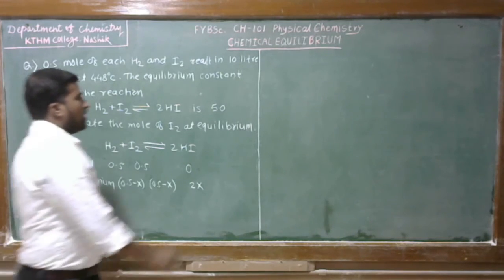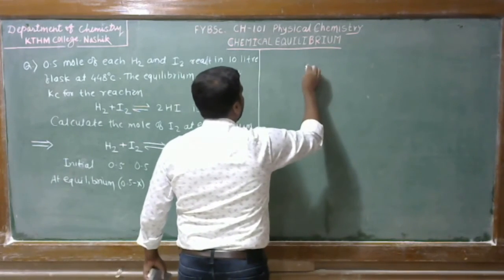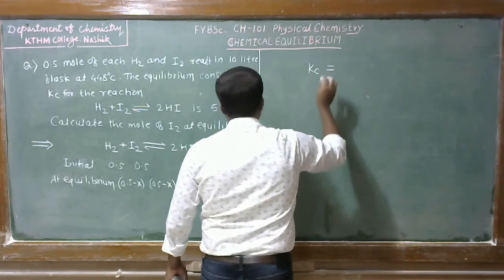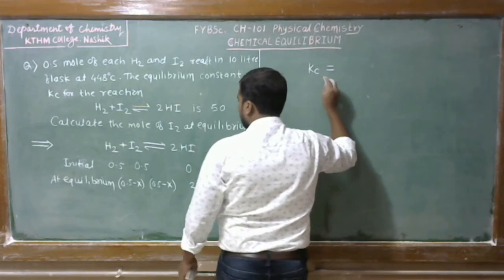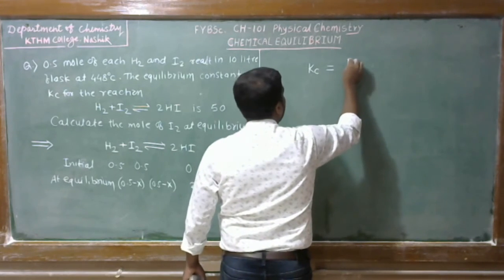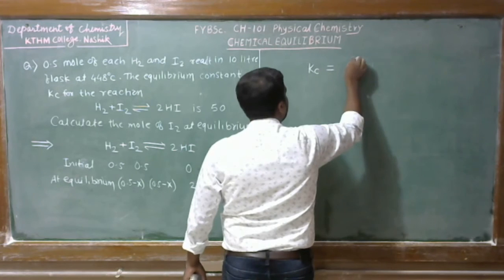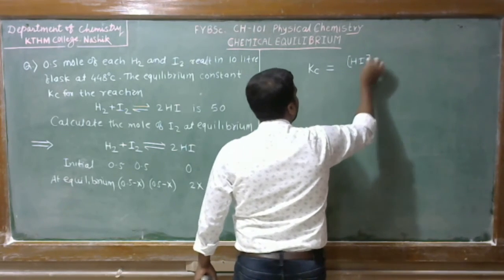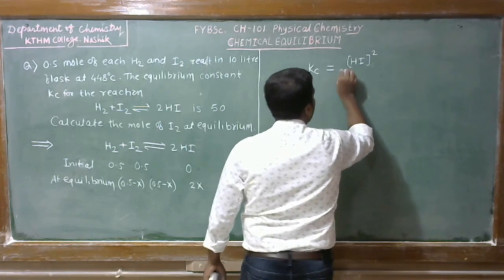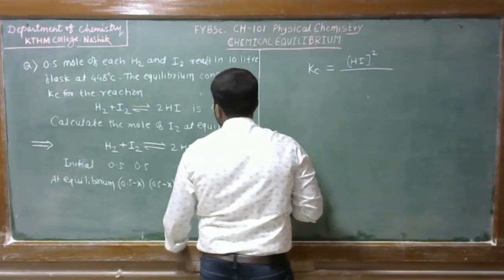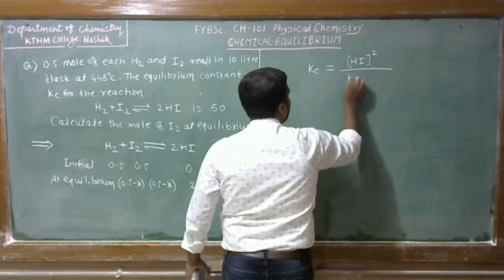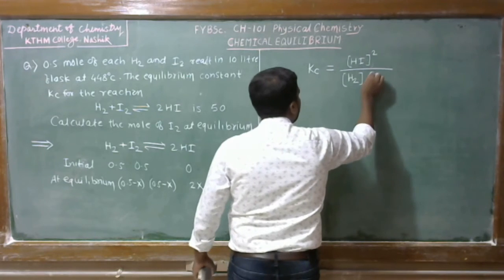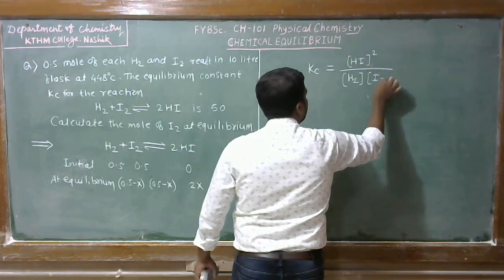Okay. Now according to the law of chemical equilibrium, the equilibrium constant for this reaction, Kc, is equal to products divided by reactants with their respective stoichiometric coefficients. So HI with its respective stoichiometric coefficient, that is the square, divided by H2 into I2.